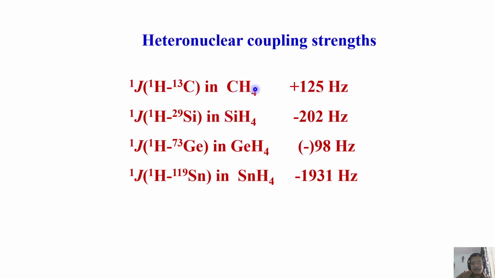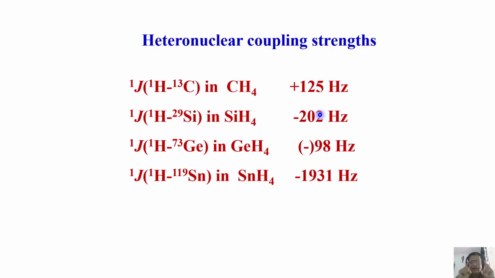Now, the same thing as CH4, take SiH4. Proton to silicon coupling is about 200 hertz and it has a negative sign, because silicon 29 has a negative magnetic moment. For all the nuclei which have a negative magnetic moment, you have to represent the sign of the coupling as negative. For example, 1-bond nitrogen 15 proton coupling is 90 hertz. Many times people write 1JNH equal to 90 hertz.